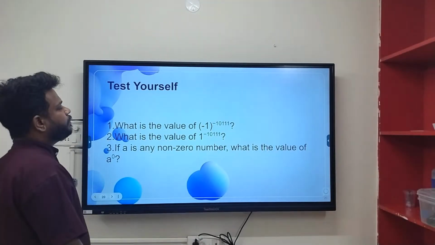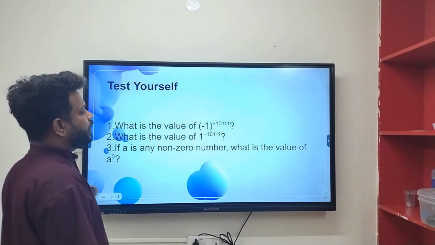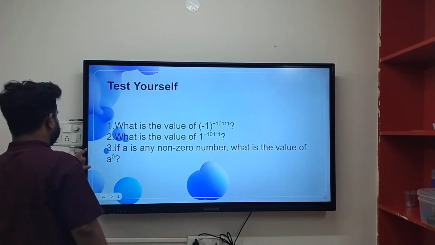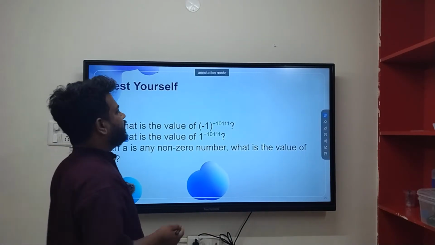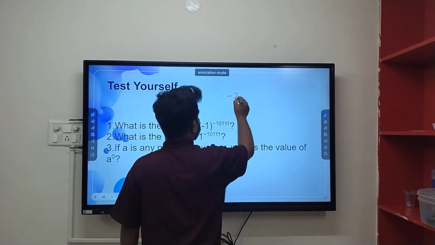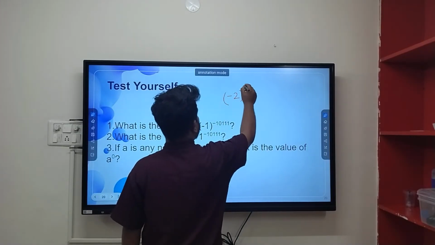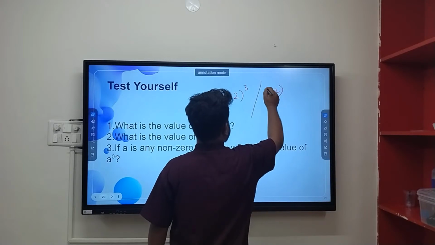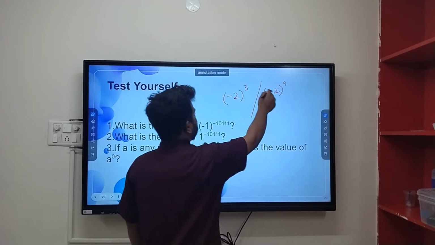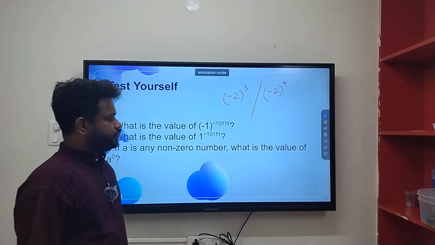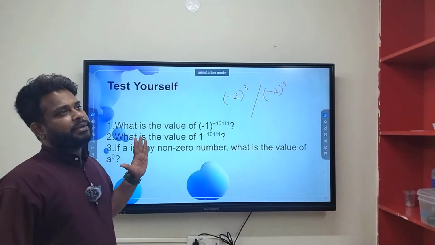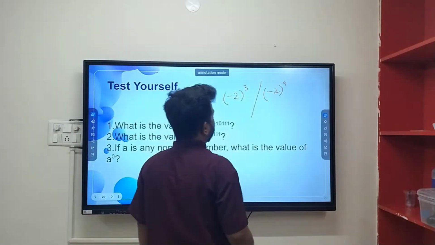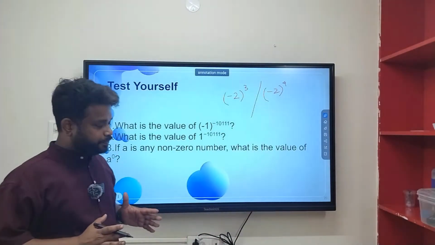What is the value of minus 1 to the power 10111? This one is a quite interesting problem. Consider minus 2 to the power 3 and minus 2 to the power 4. They both have base minus 2, and we know that any number can become a base, but the power has to be a whole number till now.